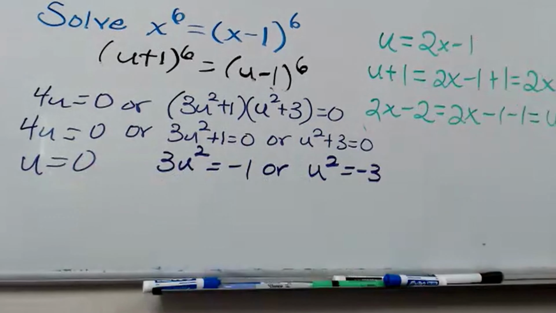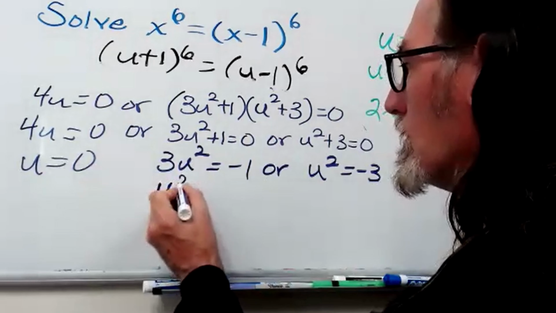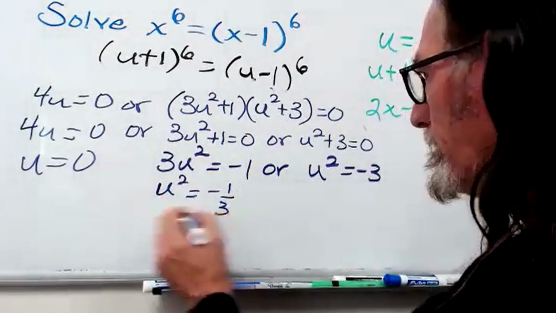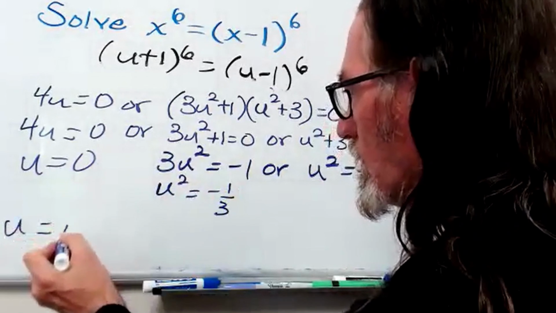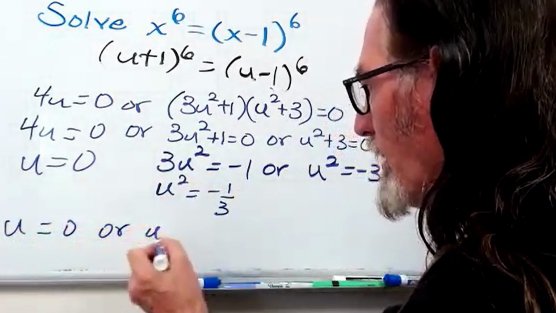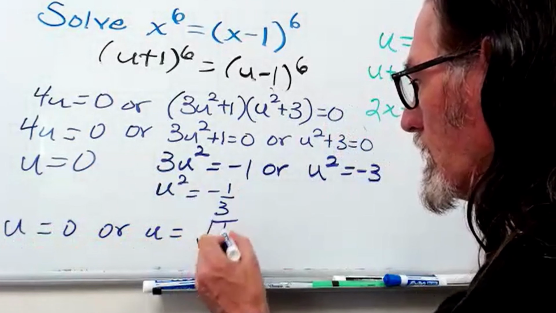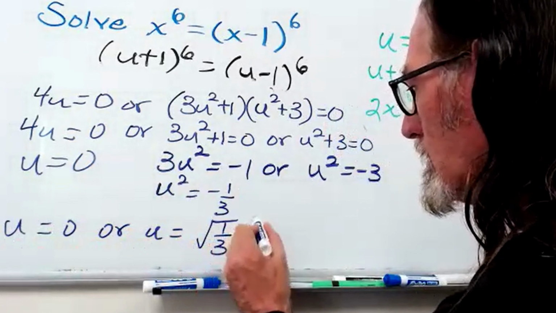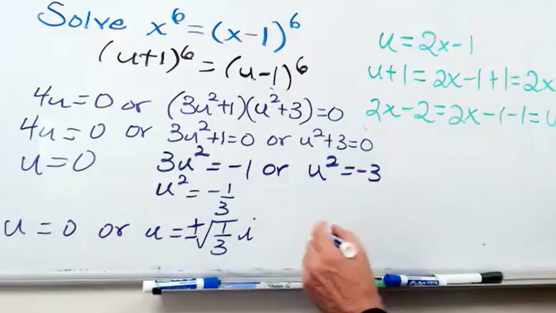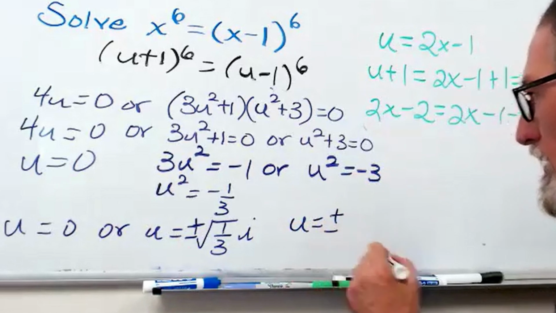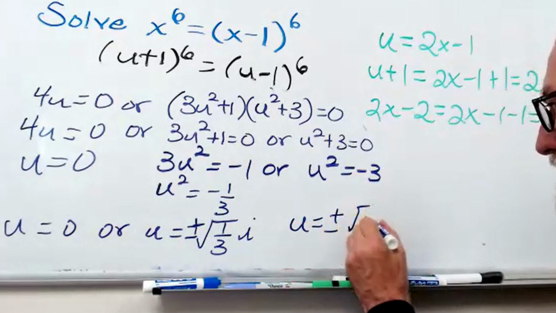But if we're allowing for complex solutions, u is 0, or u equals plus or minus the square root of 1/3 times i, can't forget the plus or minus, or u equals plus or minus the square root of 3 times i.